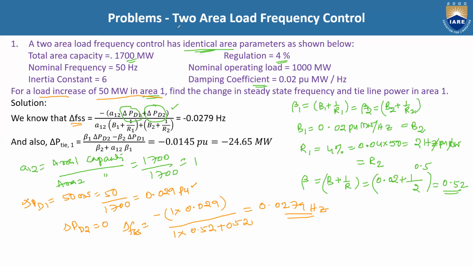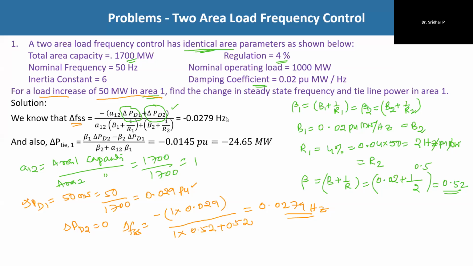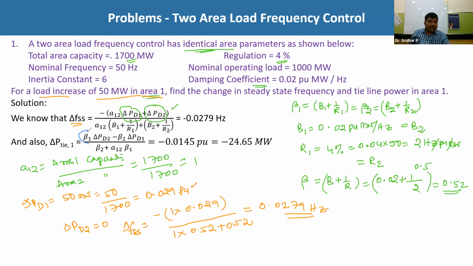Sorry for the technical glitch. So next one is delta P tie 1. We have calculated all the values. Beta 1 we have calculated. Delta PD2 is 0, so the first term will straight away be 0.